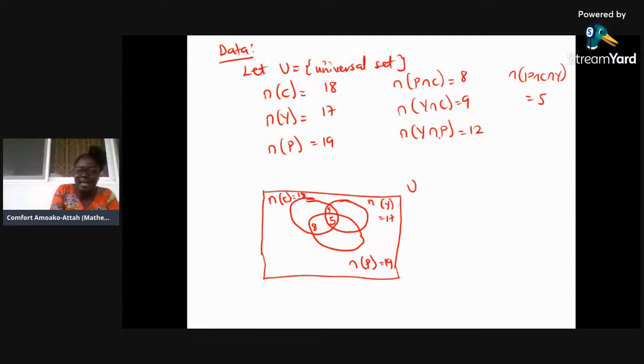Then yam and plantain to be 12. But since we already know our three intersections, we can subtract them and get the two items, minus 5, minus 5. So we can redraw our Venn diagram.